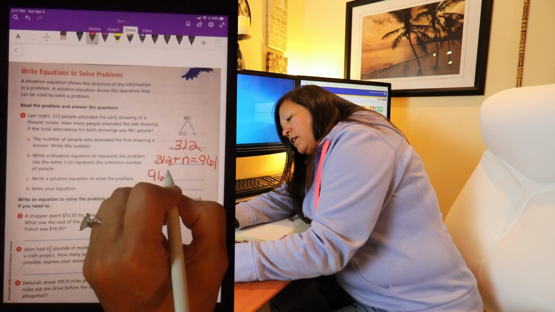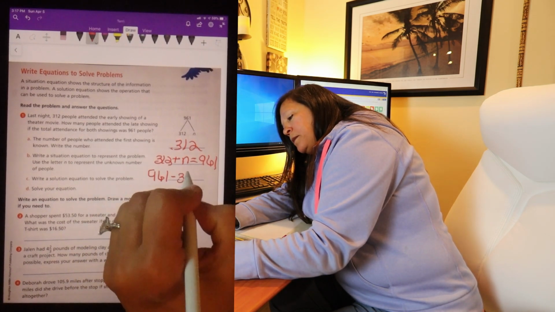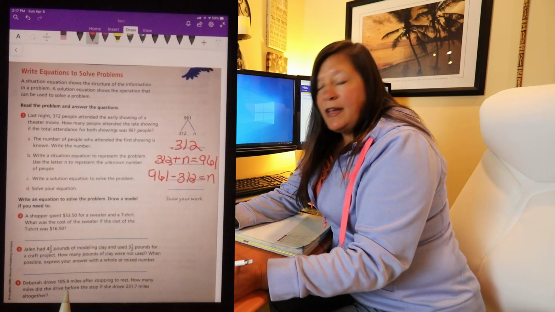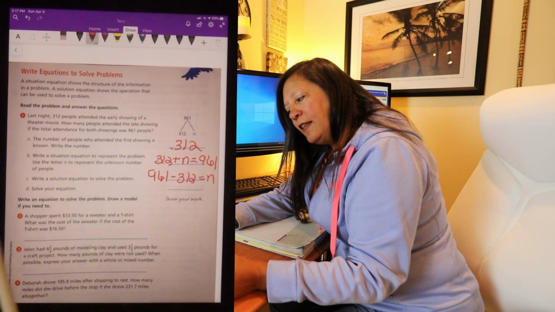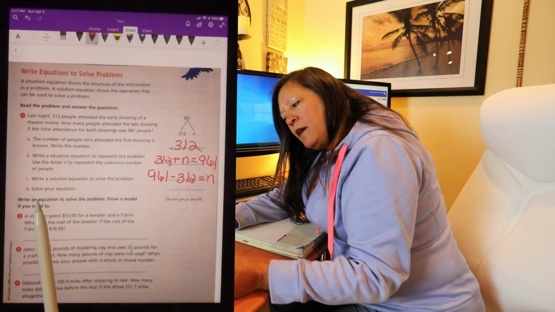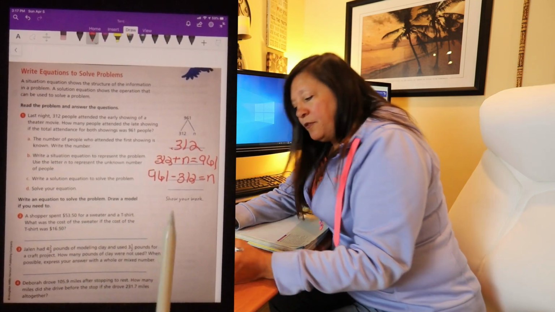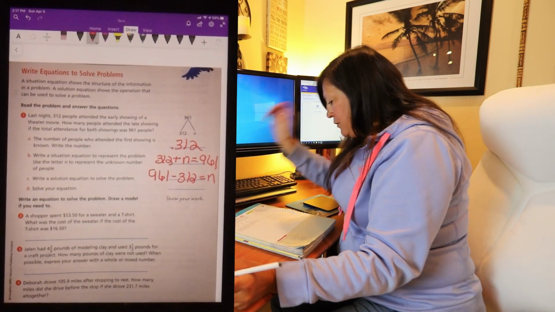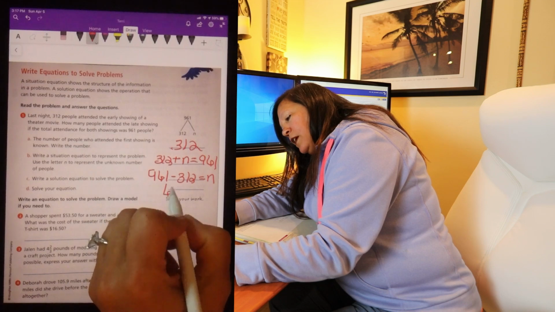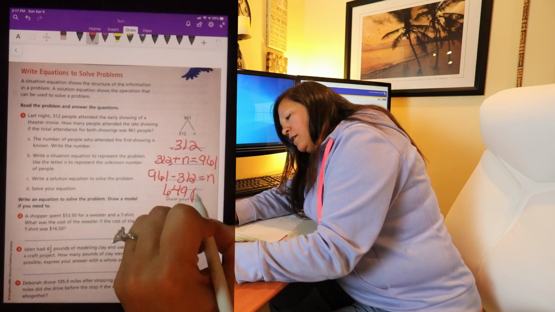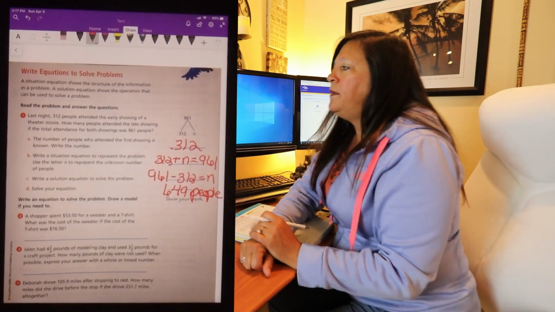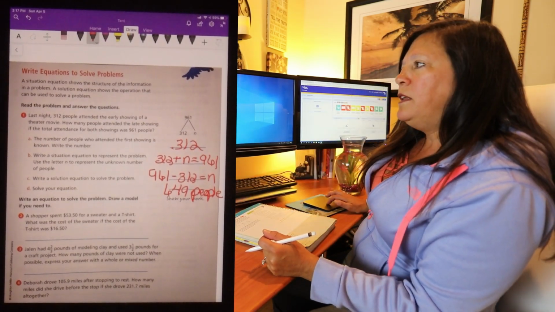I take my 961 minus the 312, and that is going to give me my answer of how many attended the late showing. Okay, and then you're going to solve it. So 961 minus 312, and you should get 649. Don't forget your labels. People.